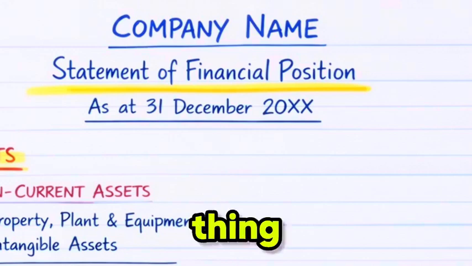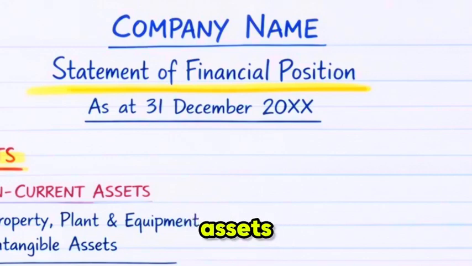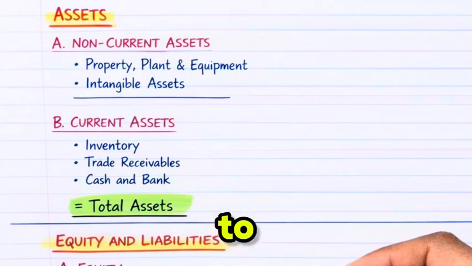So, the first thing to do is to begin with the assets. Usually we underline the assets and write them in capital letters, showing that it is a major heading. Under that major heading called assets, we now have a subheading which we call the non-current assets. Under the non-current assets, we have property, plant, and equipment.